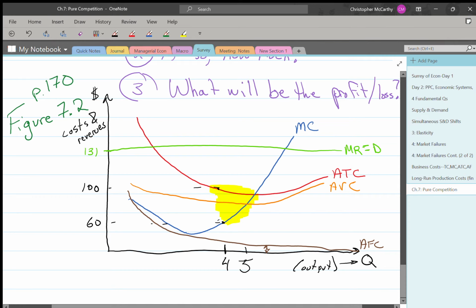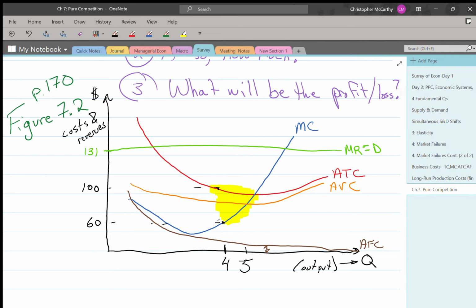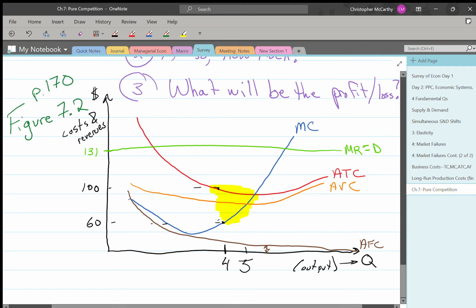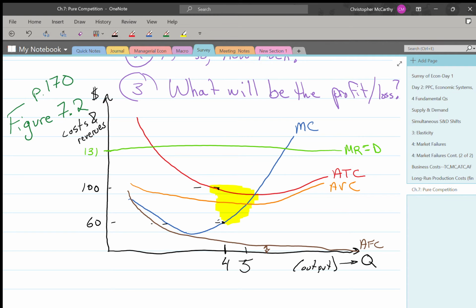We still have the downward sloping demand curve for the industry, but we have a flat, completely elastic, horizontal marginal revenue or demand curve for these perfect competitors. Doesn't matter how many they sell, they always get $131 per unit.